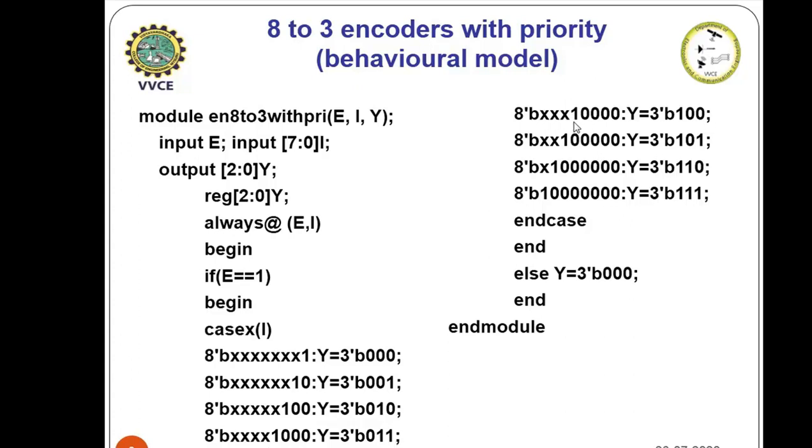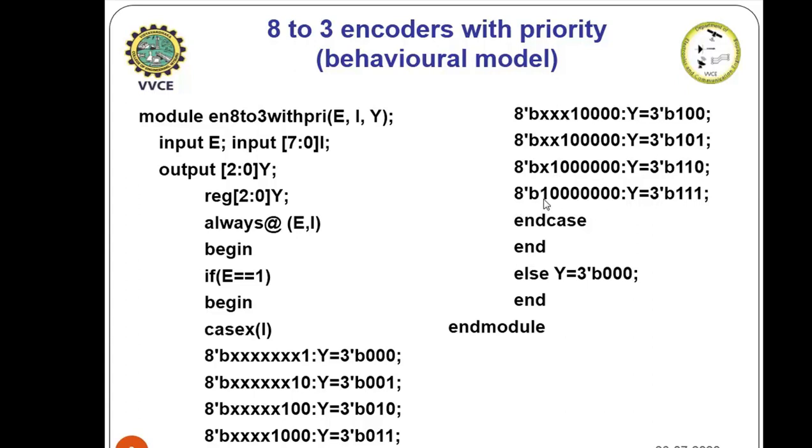3 don't cares followed by 1 followed by 4 zeros. Output will be 4. Then 2 don't cares followed by 1 and 5 zeros. The output will be 5. 1 don't care followed by 1 with 6 zeros. Output will be 6.